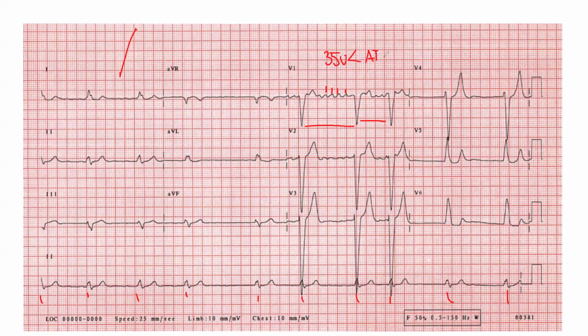If it's less than 300, it can be flutter, and there should be this kind of waves. And you don't see this. That's a fibrillation. So we do have atrial fibrillation. Okay, go on.